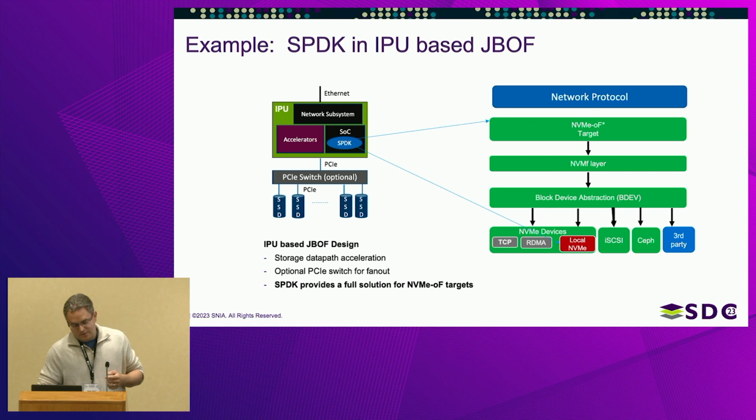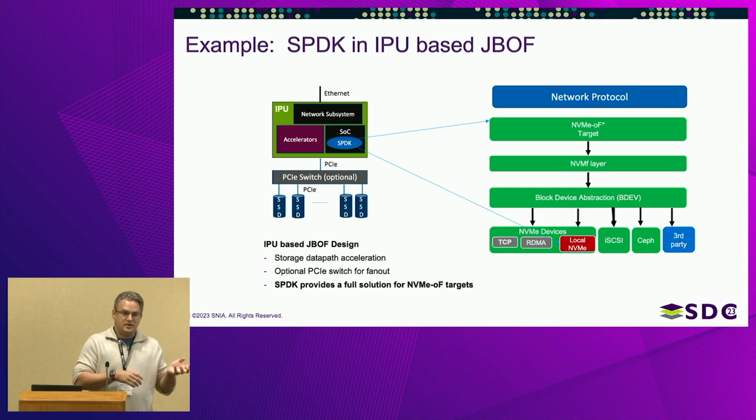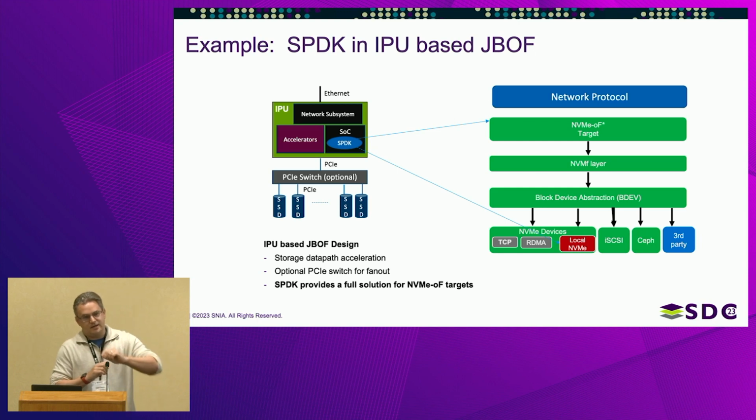Probably the simplest example is if you just had SPDK running in a server and it's got a ton of disks. We're going to put as many disks as possible in the system, and then allow different initiators from different places to access that target and get to their virtual controllers and their virtual disks.